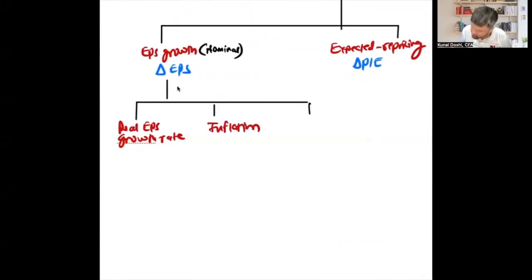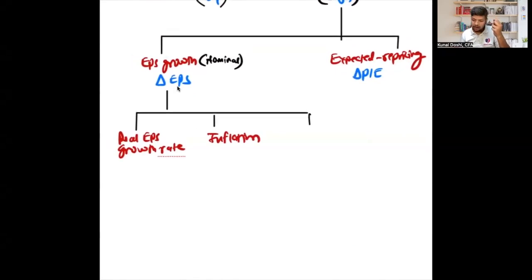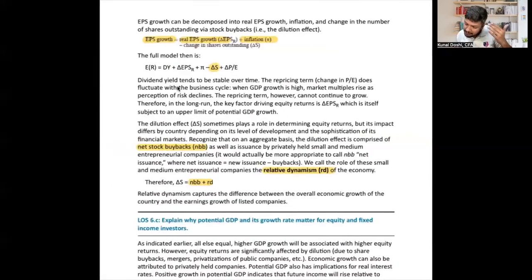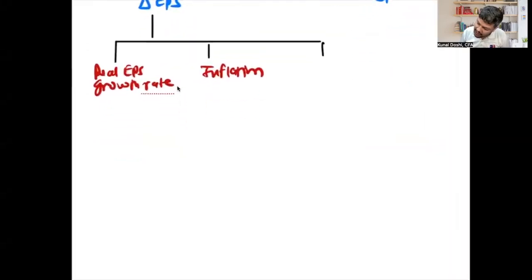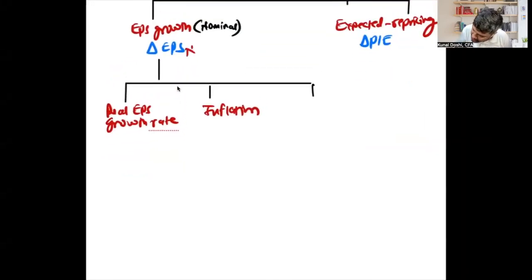Of course, there is a third component also, but just utilizing the term that we use here, for real EPS growth rate, change in EPS real. So this is what I can write, change in EPS nominal, and here I will write change in EPS real. And for inflation, they've used the sign of pi.